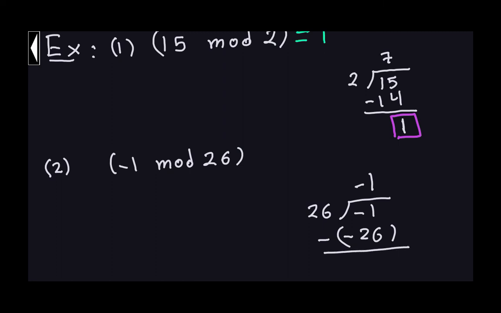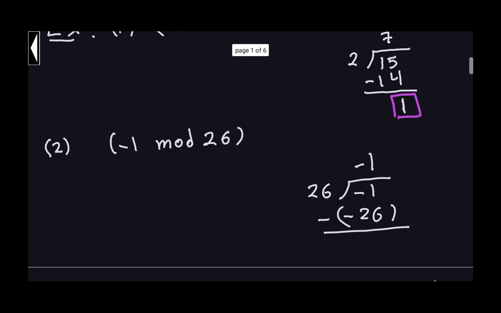So basically what I have there is -1 plus 26, which gives me 25. That will be the remainder. What that means is that -1 mod 26, which is the remainder, is exactly the number 25 in that case.